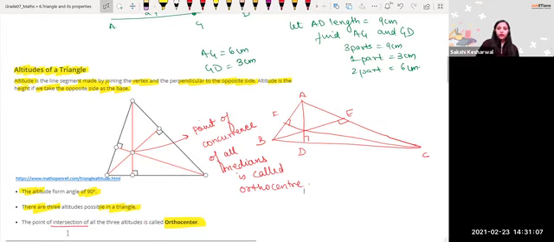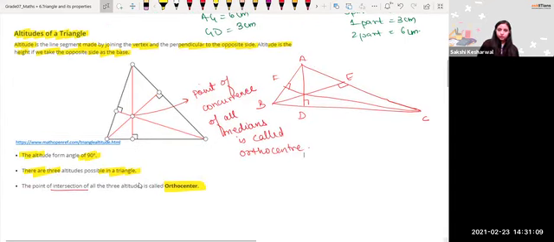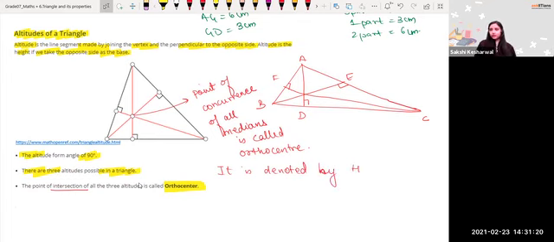Now I'll tell you the proper definition. It is denoted by capital H. That is H. That's the orthocenter, right?